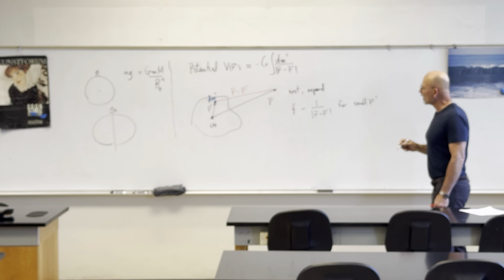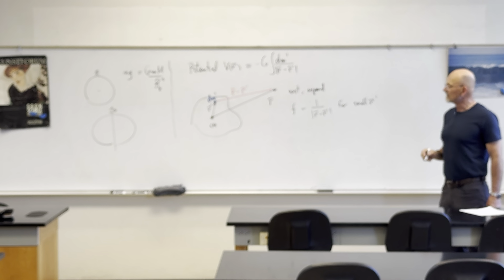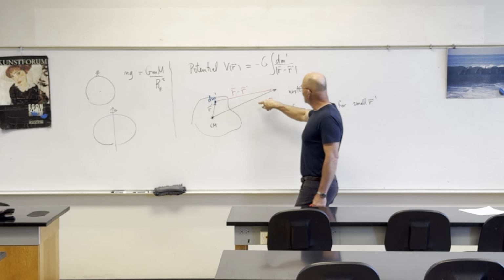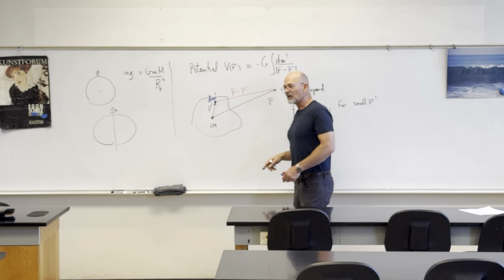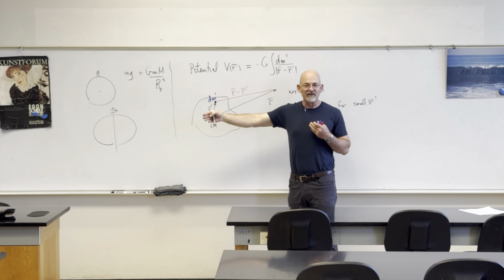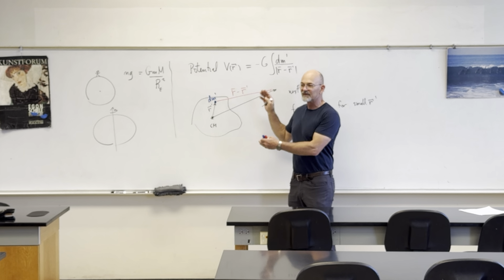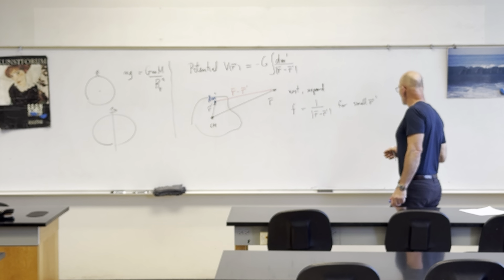Well, what does small r prime mean? That means that the magnitude of r prime is much less than the magnitude of r, because we're a reasonable distance, or a serious distance away from this thing. Okay. Small r prime.